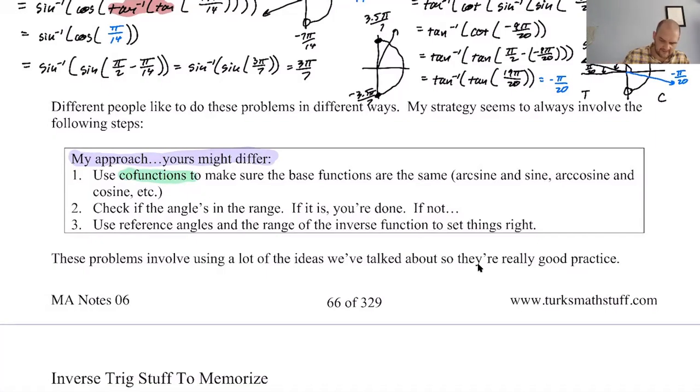Then you check the range, and I use the unit circle picture for that. I draw the angle that I found on the unit circle. If you didn't have to go the wrong way to get there, it's the answer. Otherwise, you use reference angles, your quadrant ideas, and the range of the inverses, and you will get the answer you were looking for.